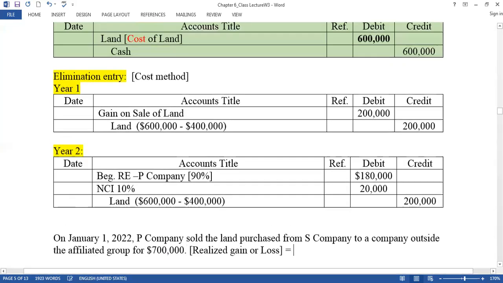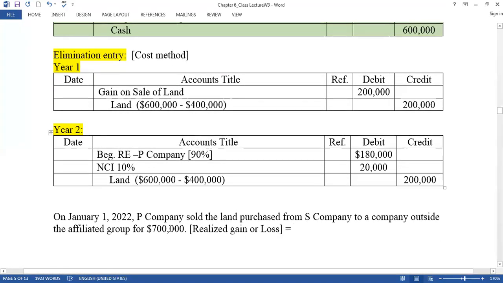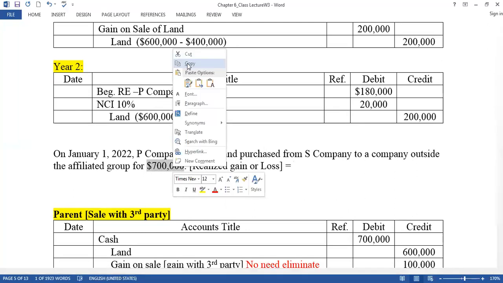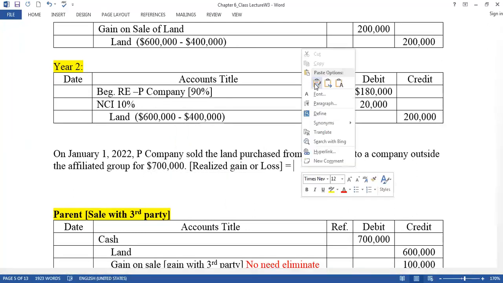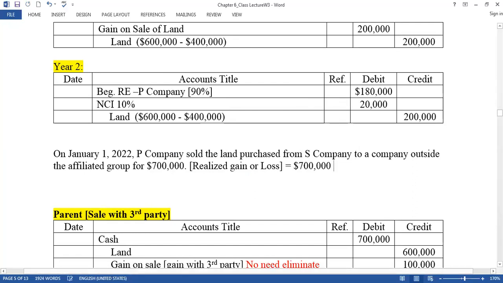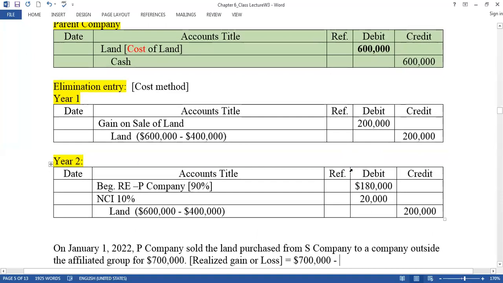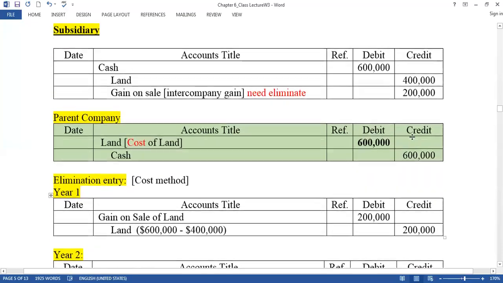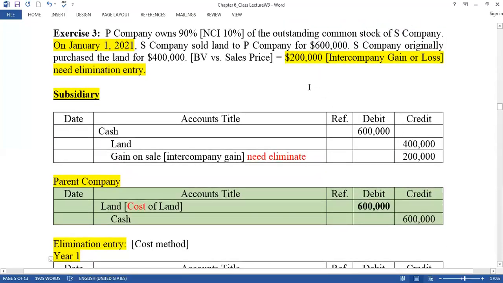So what is the sales price? Look at it. Sales price to third party is $700,000, right? And what is the original cost of this land?